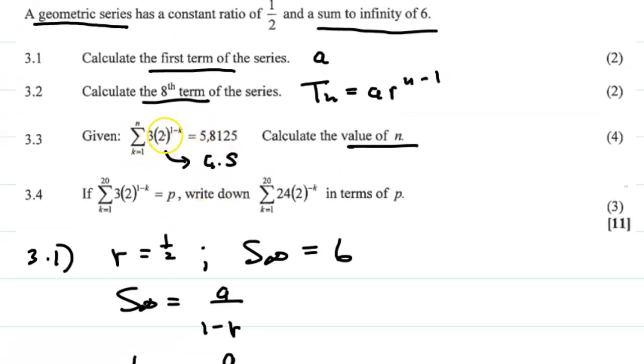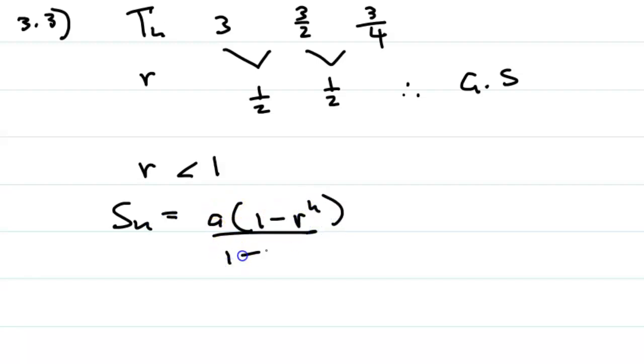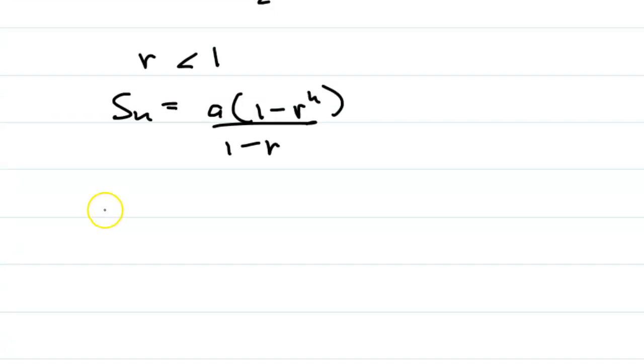We know the sum of all these terms is going to equal 5.8125. So let's use our sum to n terms formula for a geometric series. Remember, r is less than 1, therefore we're going to use the formula Sn equals a times 1 minus r to the n, all over 1 minus r. All we're going to do now is substitute all the values that we have.